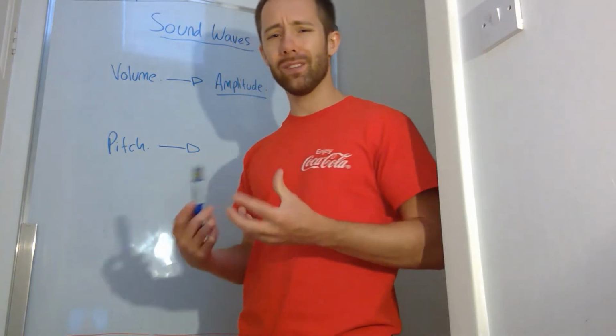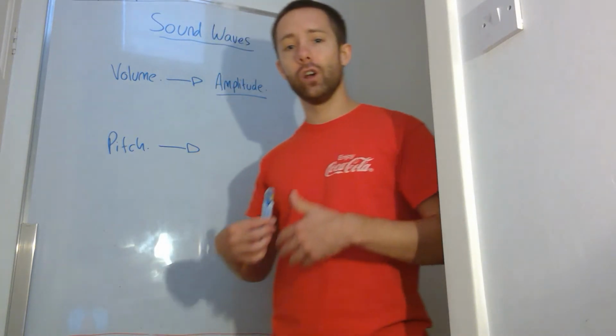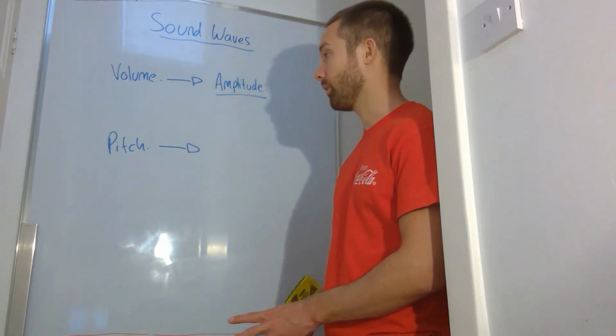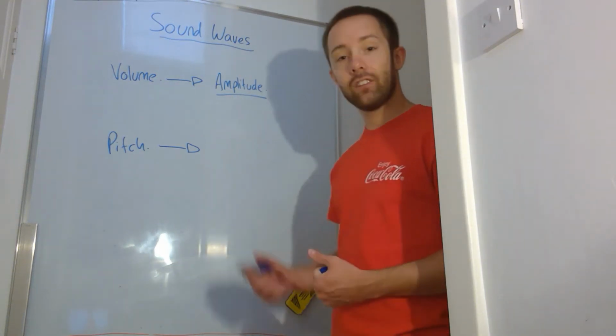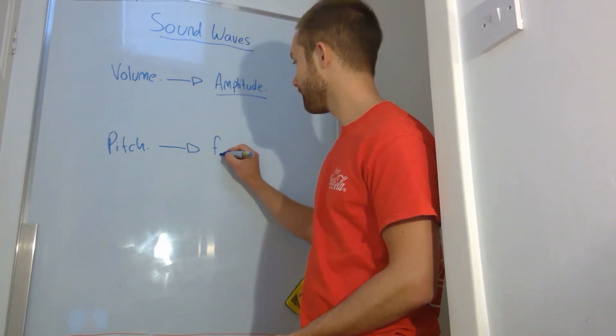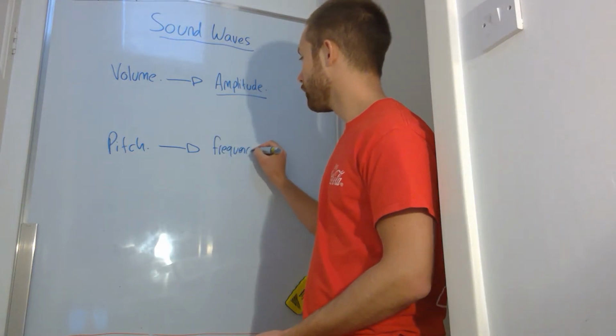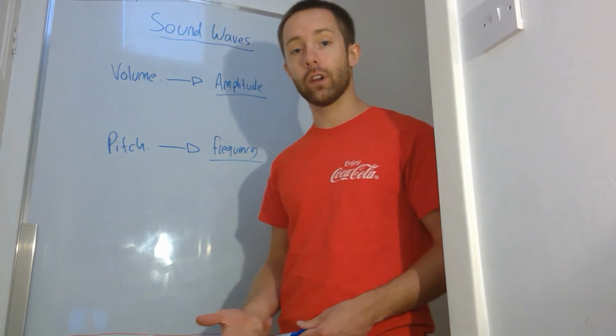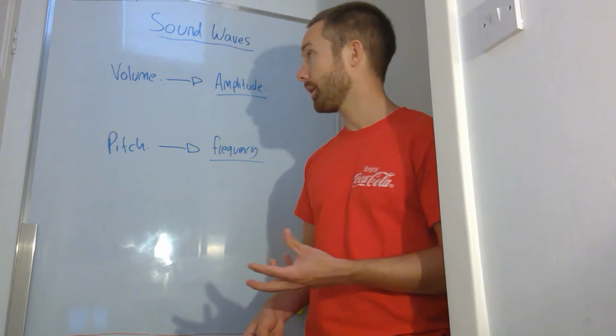But it's more difficult to think about it like that, so we talk about it as if it's a transverse wave, even though it's actually a longitudinal wave. The pitch is the frequency. So if you have a high frequency, so lots and lots of waves per second, you're going to hear a high pitch sound.